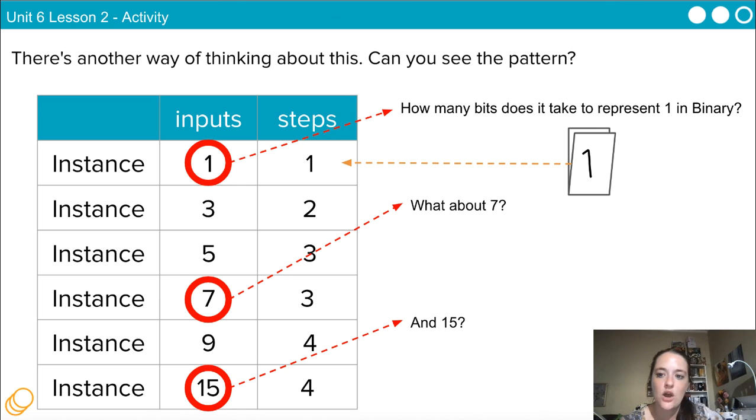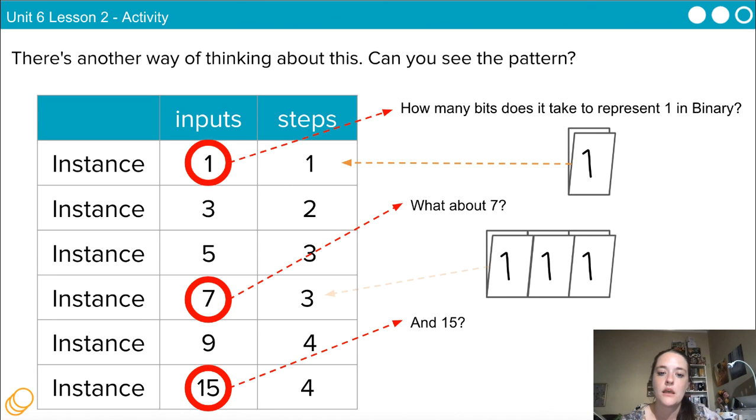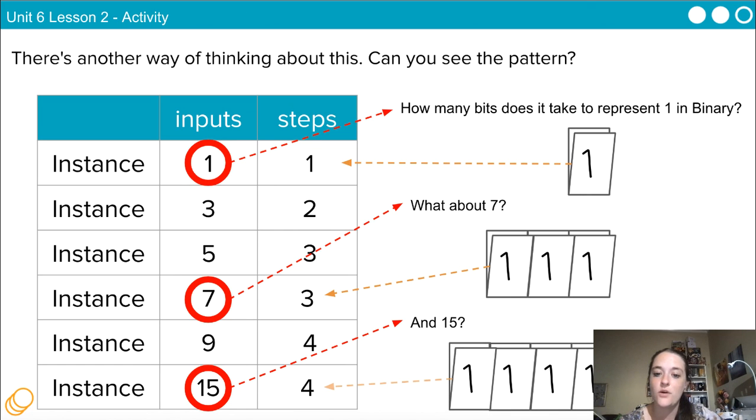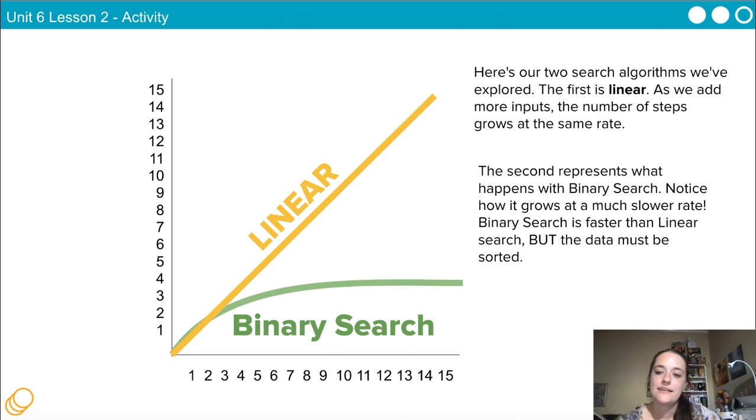So it takes 1 bit to represent the number 1 in binary. It takes 3 bits to represent the number 7. And 4 for 15. And we will get into that.